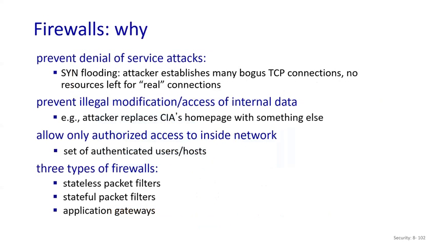So why do we want to use this firewall? I told you that it helps us prohibit traffic. The first point is that we can prevent denial of service attacks. How do we prohibit these attacks? Here the attacker establishes the TCP connections.